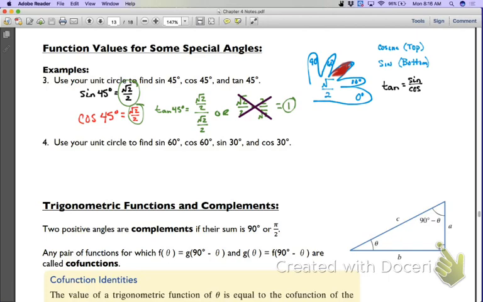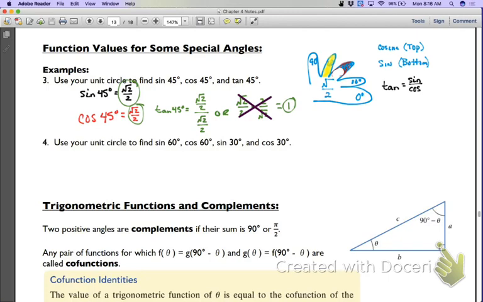Same way when we deal with sine of 60. Let's put the 45 degrees back on. So now, since it's 60 degrees, I'm going to have what's in yellow.